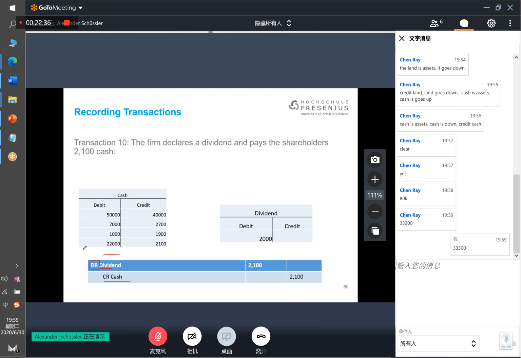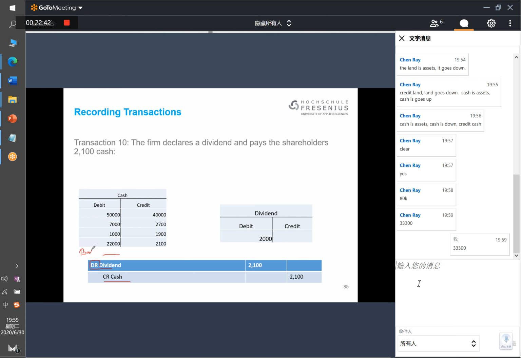So the balance here, and it's a debit balance, is exactly 33,300. Yeah, so this is the balance.